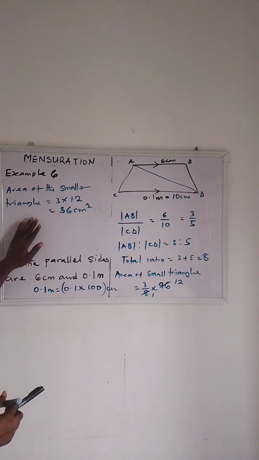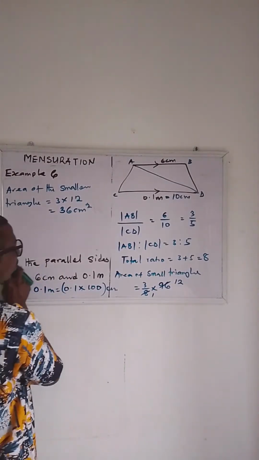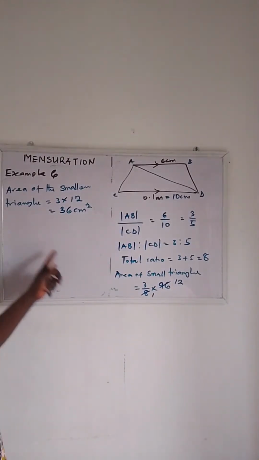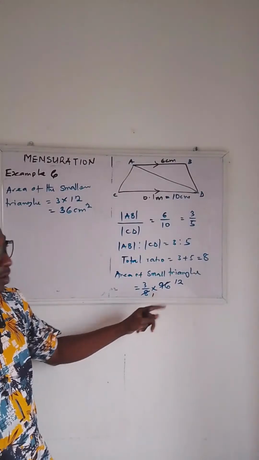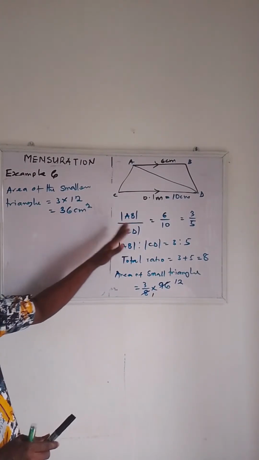The question wants us to get the areas of the two triangles. Now let's get the area of the second triangle. Either we say 5 over 8 times 96, or we simply take away 36 from 96.